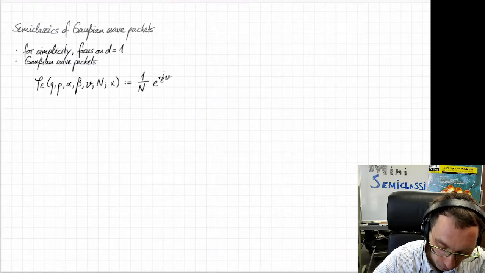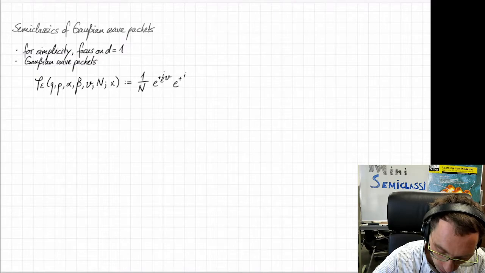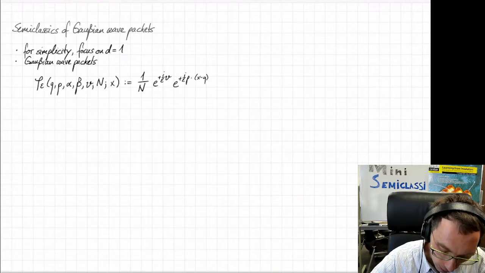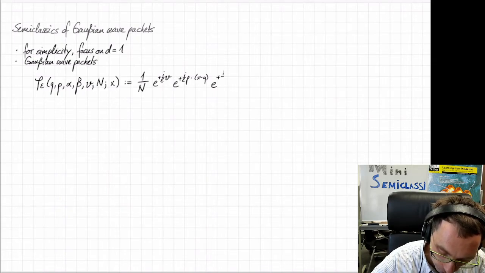Then there is a shift in momentum space. This is just p dot x minus q. And then I have the Gaussian factor. So this is i divided by epsilon, alpha plus i beta, times x minus q squared.